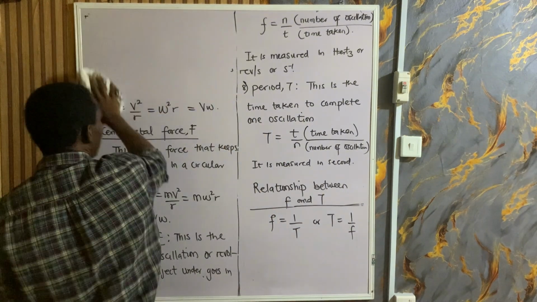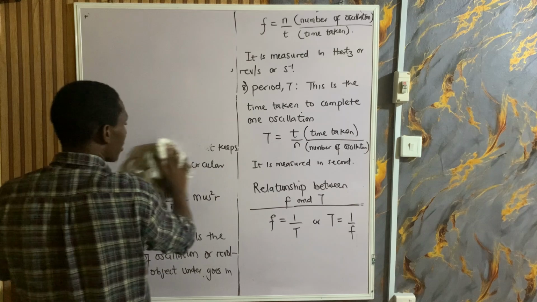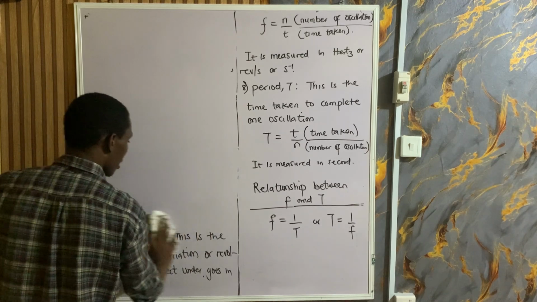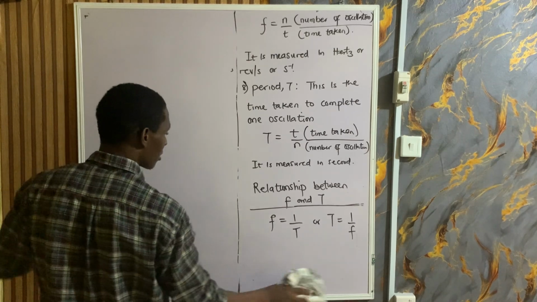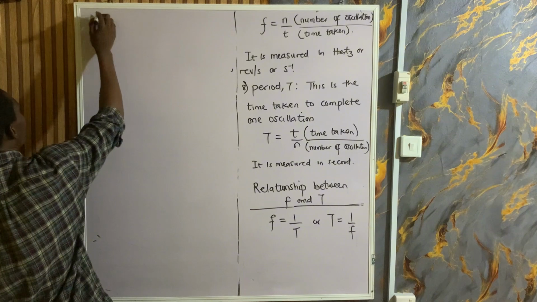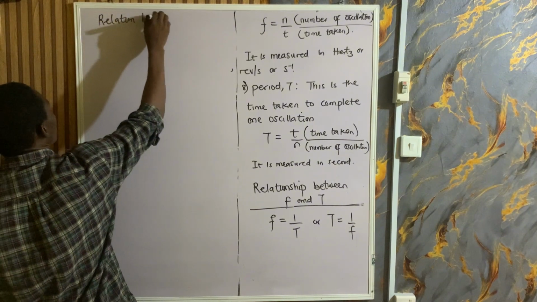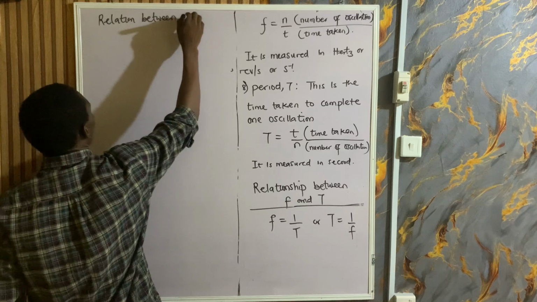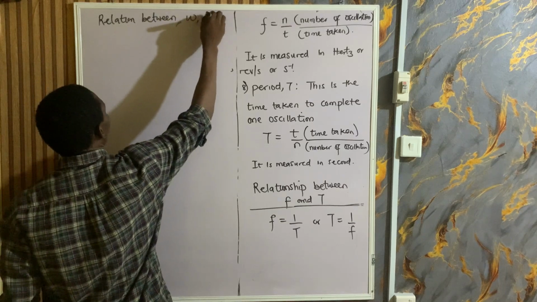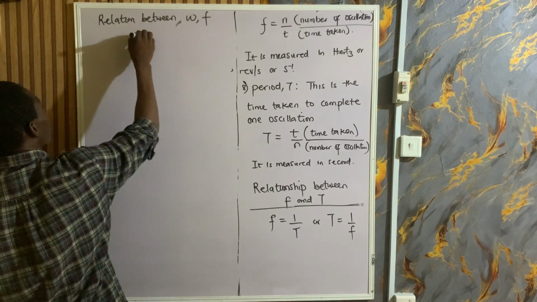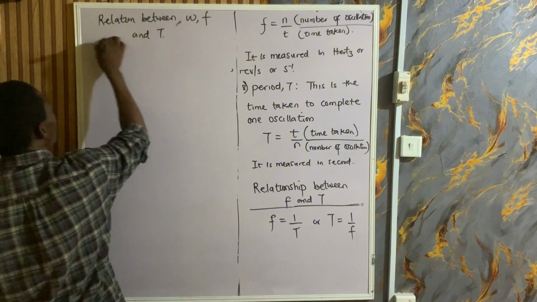Relationship between frequency, period, and angular velocity. So the relationship now between omega, frequency, and period.